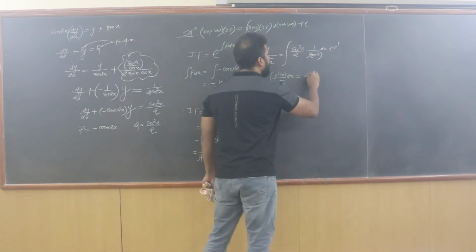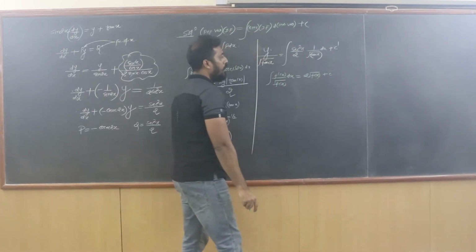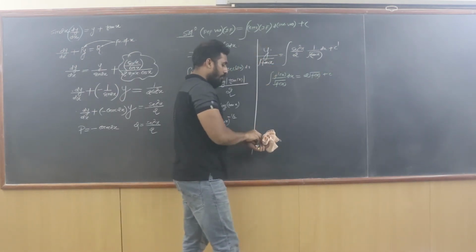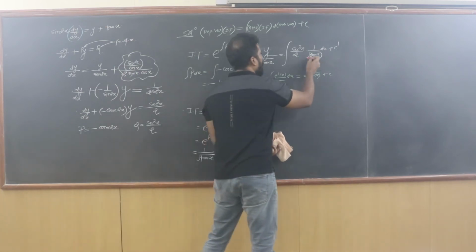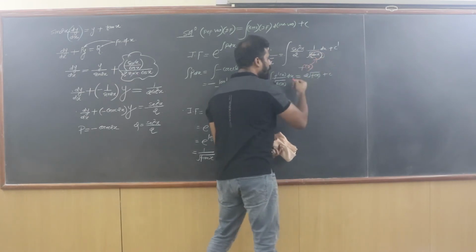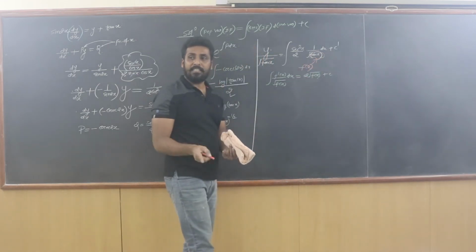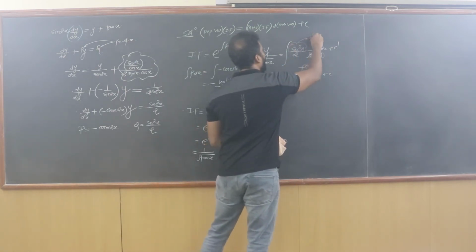The answer is simply 2 root of f of x. So if you observe in your question, tan x is your f of x. Derivative of tan x is sec square x. That is present here. This is f1 of x.